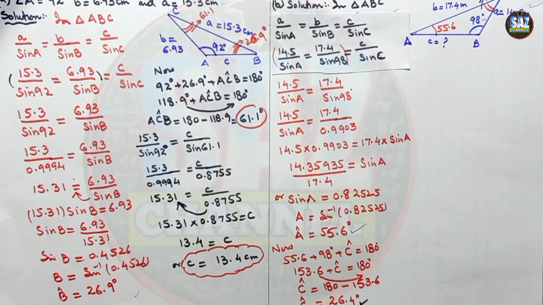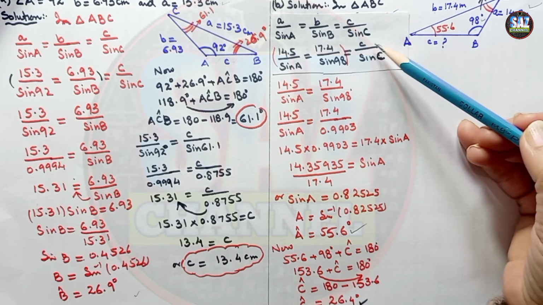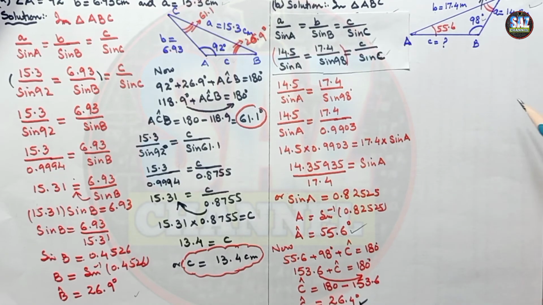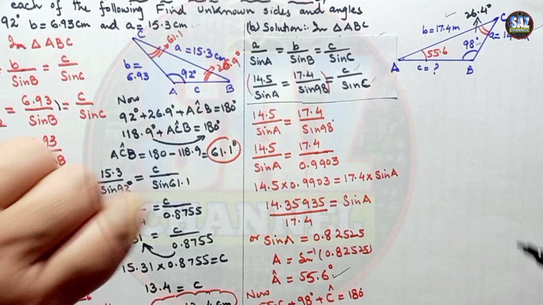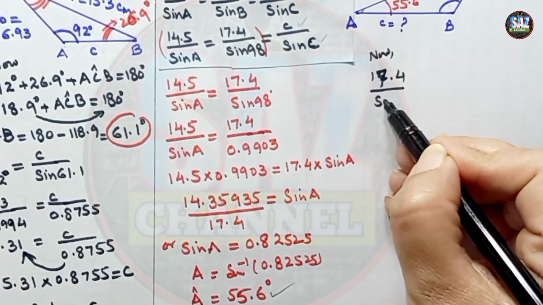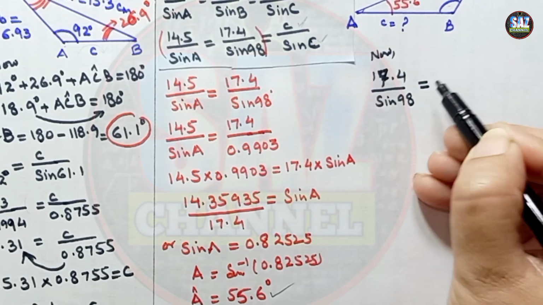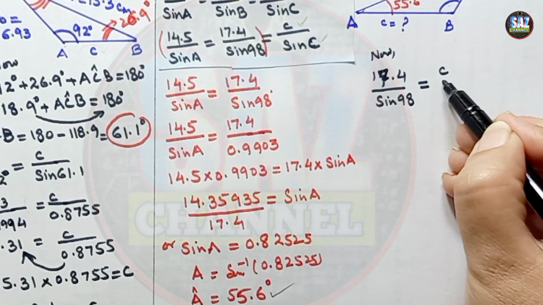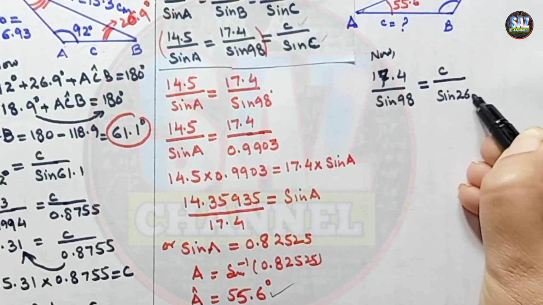And now think about what is still unknown. We have the value of angle C, but we do not have length c. So we have to go for the calculation of length c. For that purpose, again I will take 17.4 upon sine 98, because this is the fraction which is completely known. 17.4 upon sine 98 equals c upon sine C, and sine C has the value sine 26.4.